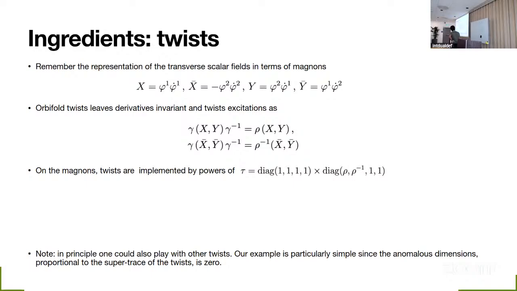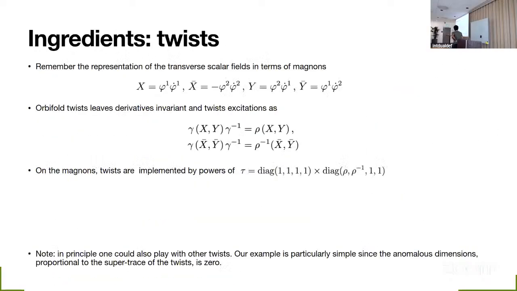You see, you need the x and the y to get the rho, and the x bar and the y bar to get the inverse. So you basically need all the dotted guys to be multiplied by rho for one dot, and by two dot multiplied by rho minus one. And so this is what you need to do. In the scattering of these magnons, you need to pick some extra factors.